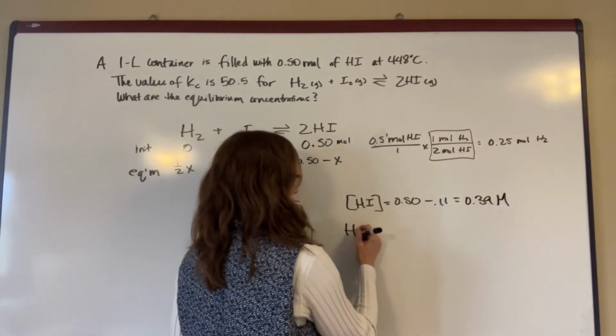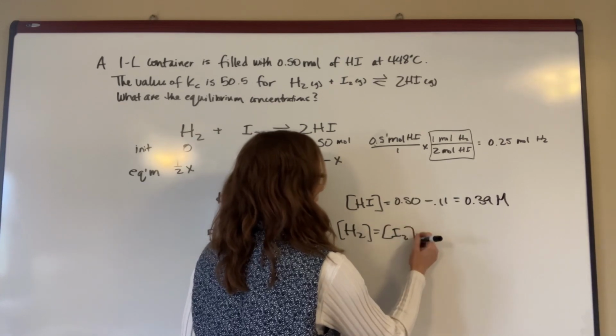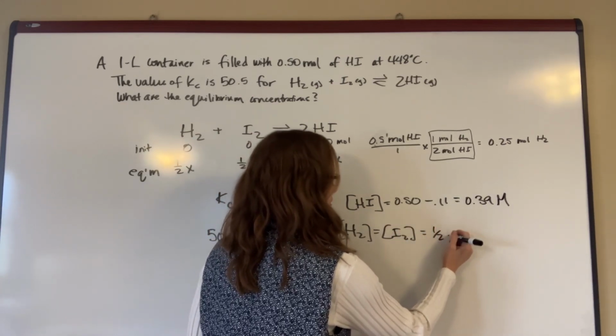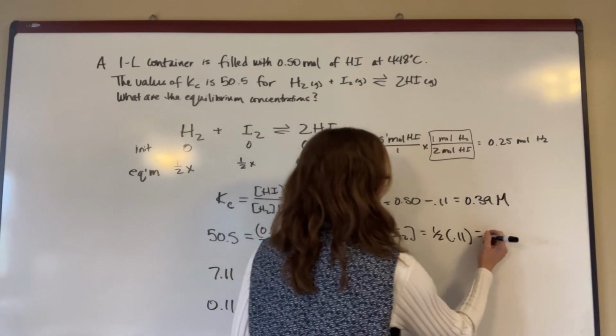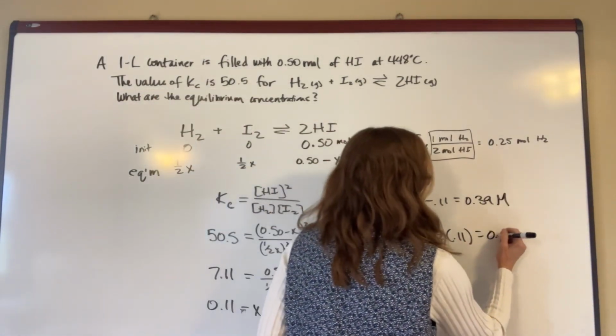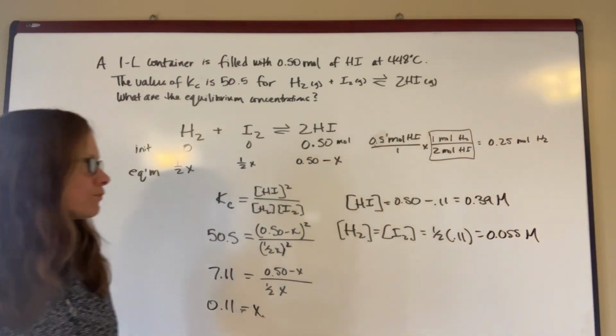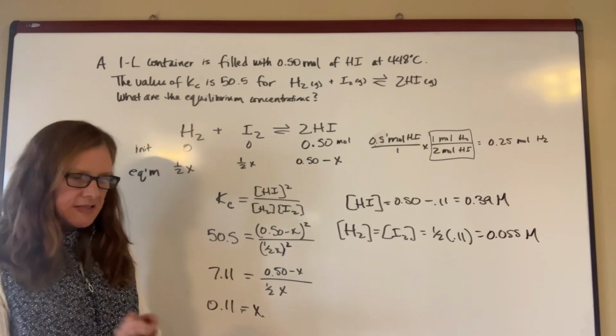And my hydrogen concentration is going to be the same as my iodine concentration, which is going to be 1/2 of 0.11, which is going to be 0.055 molar. Okay? So there is that type of problem.